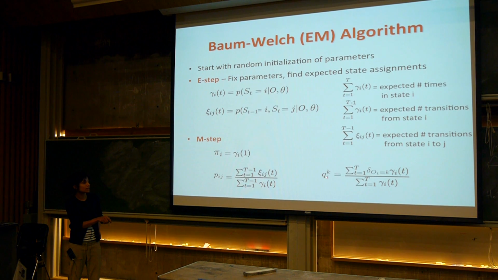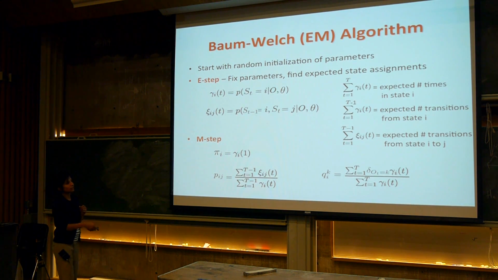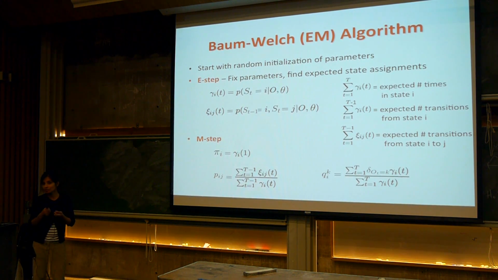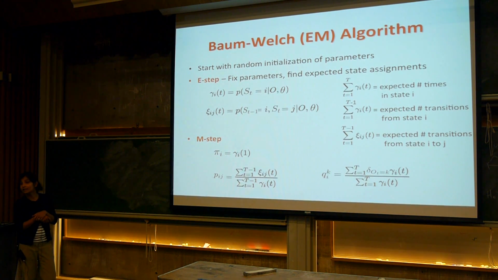The emission probability is the probability that you were in state i and you observed k, your output OT was k. You count, amongst all of your steps, how many times you were in state i and output k, and divide by the total number of times you were in state i.